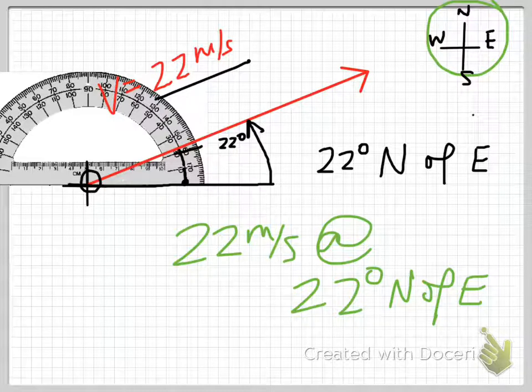Now, what if we want to find motion when we've had a lot of little bits of individual motion? Let's talk very briefly about the idea of a resultant vector.